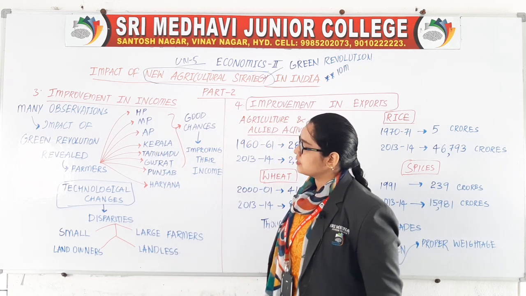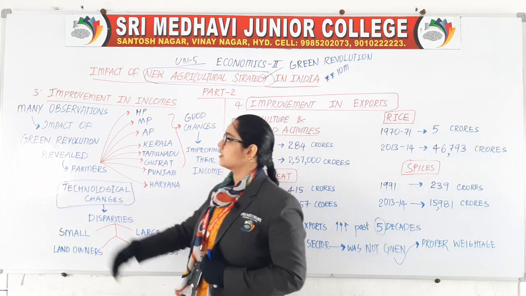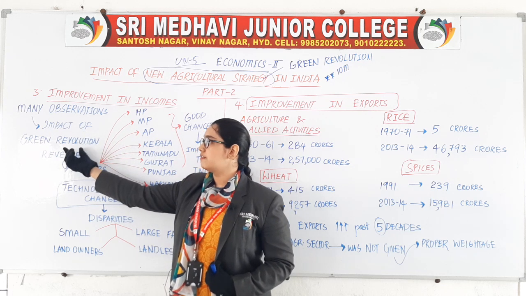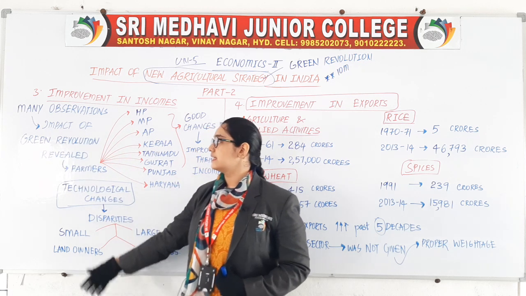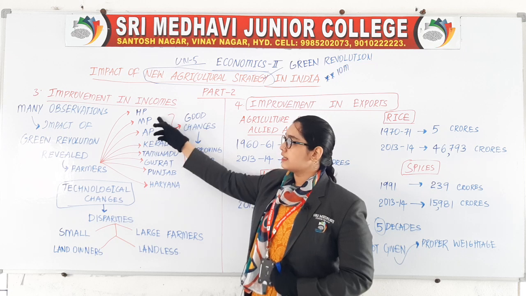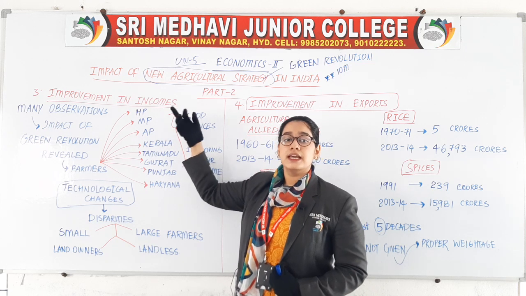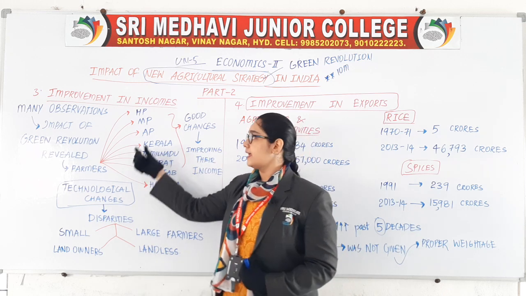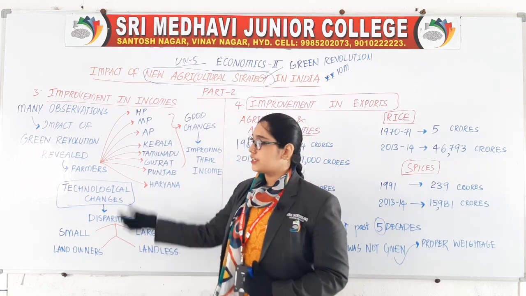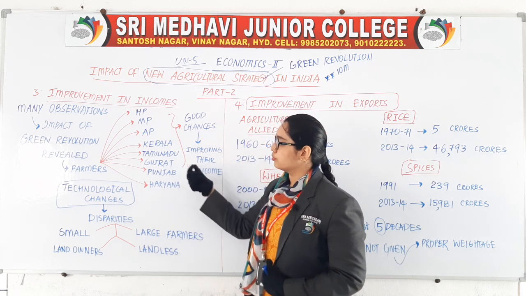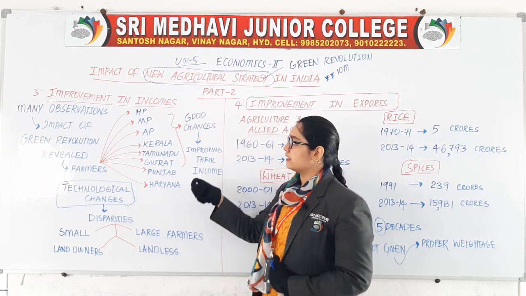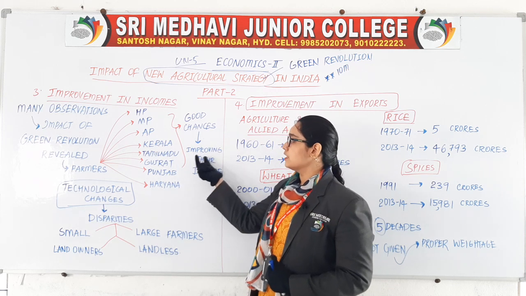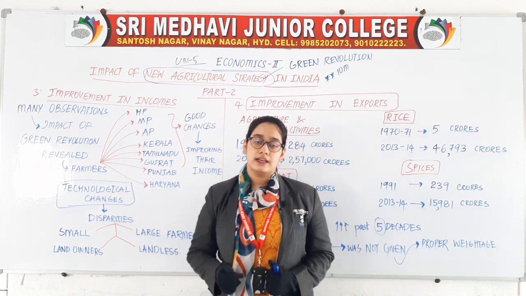Many observations on the impact of Green Revolution have revealed that farmers in HP, in the sense Himachal Pradesh, MP Madhya Pradesh, AP Andhra Pradesh, Kerala, Tamil Nadu, Gujarat, Punjab and Haryana are having good chances to improve their incomes.